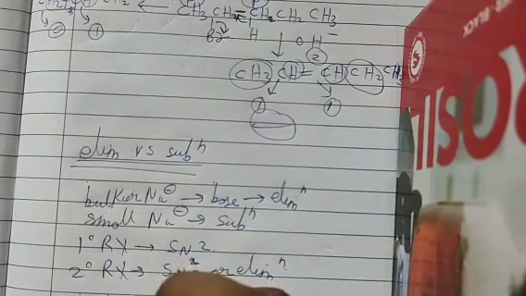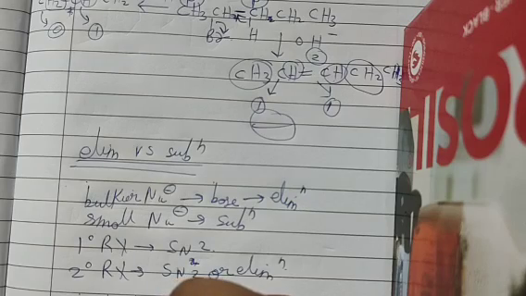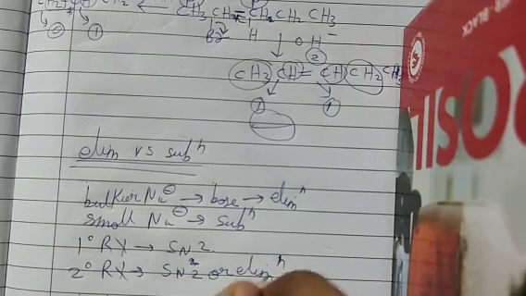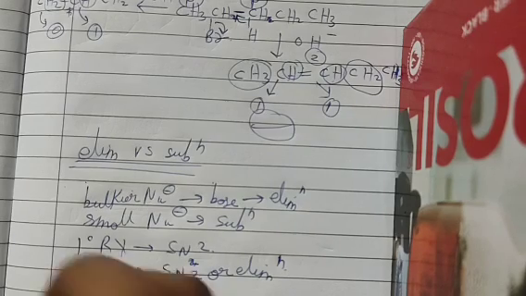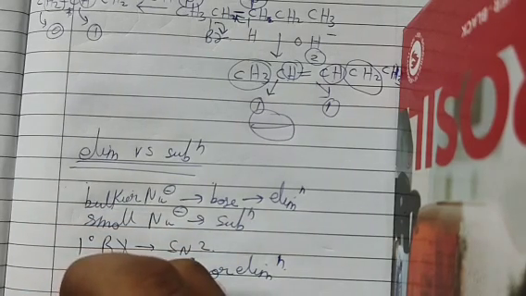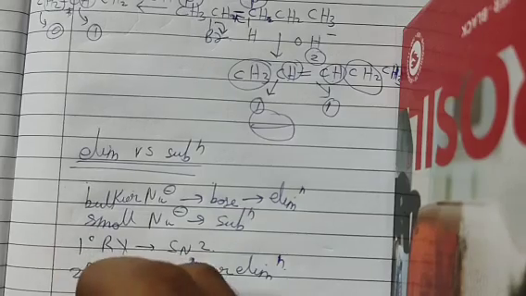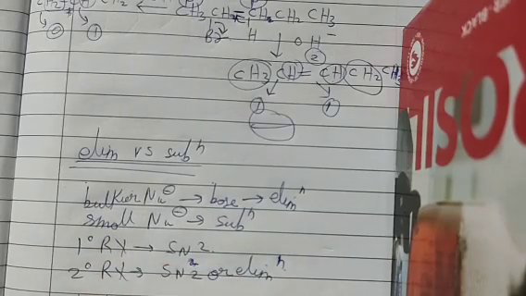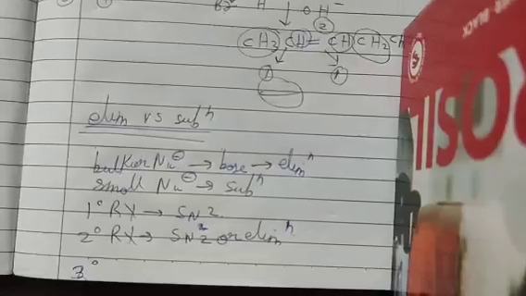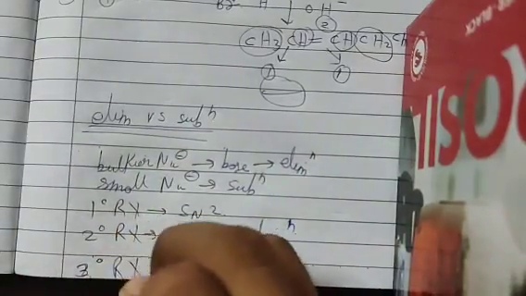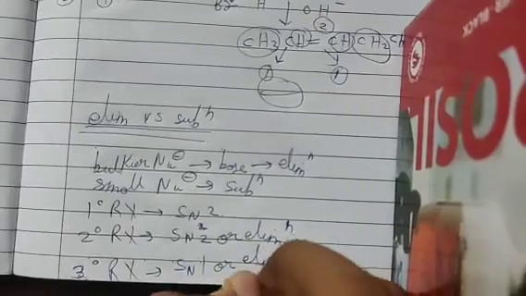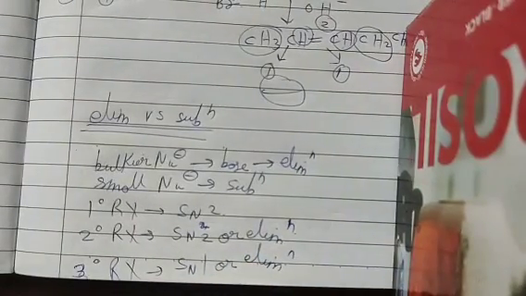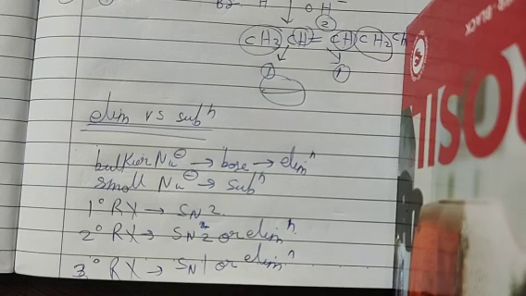It depends on the strength of the nucleophile. Now similarly, if I am going for a tertiary halide, it can go for SN1 or it can go for elimination. That depends on the stability of the intermediate carbocation formed or on the nucleophile.